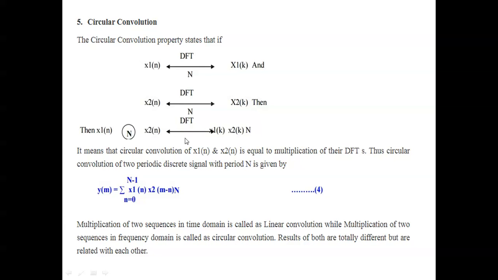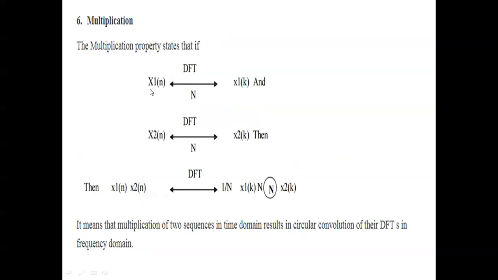The circular convolution symbol is N inside a circle. The equation is y of m equal to the summation from n equal to 0 to N minus 1 of x1 of n x2 of m minus n modulo capital N. And then multiplication: x1 of n times x2 of n gives X1 of k circularly convolved with X2 of k. So the multiplication of two sequences in the time domain results in circular convolution of the DFTs in the frequency domain.